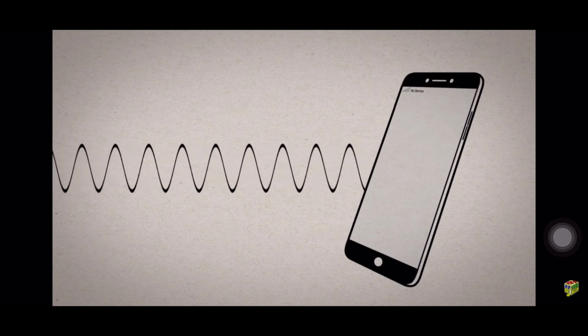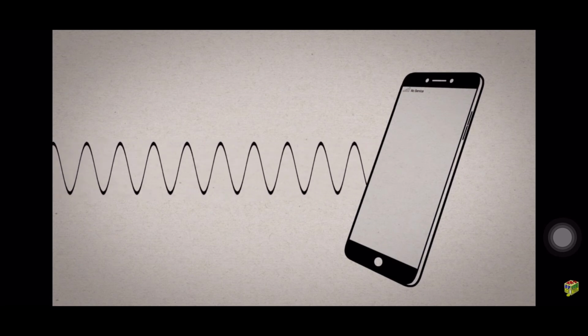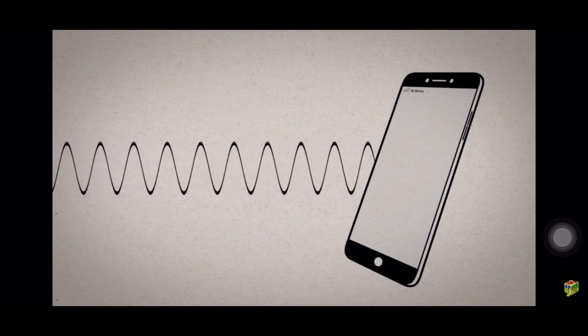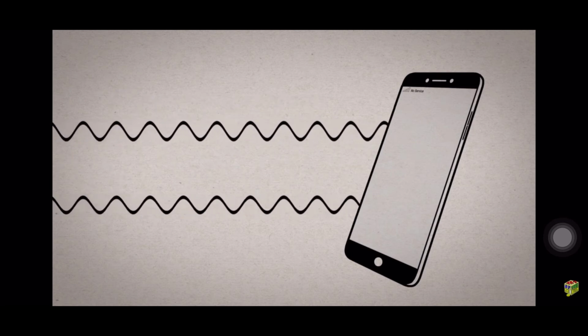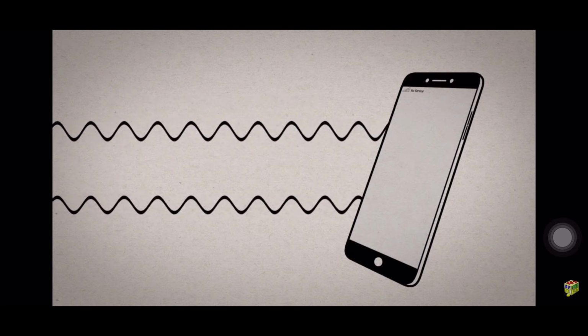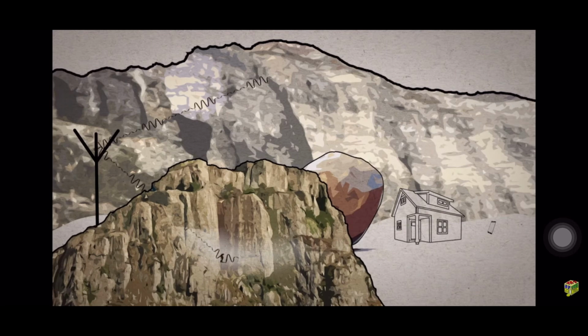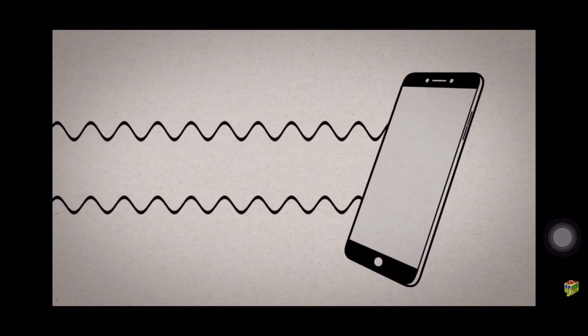If the waves arrive at the same time, then the third wave is amplified, resulting in a very strong signal, known as constructive interference. It's the good kind of interference. We run into a problem, though, when the waves arrive at different times. This happens when two signals travel slightly different distances from transmitter to receiver because they follow different paths.